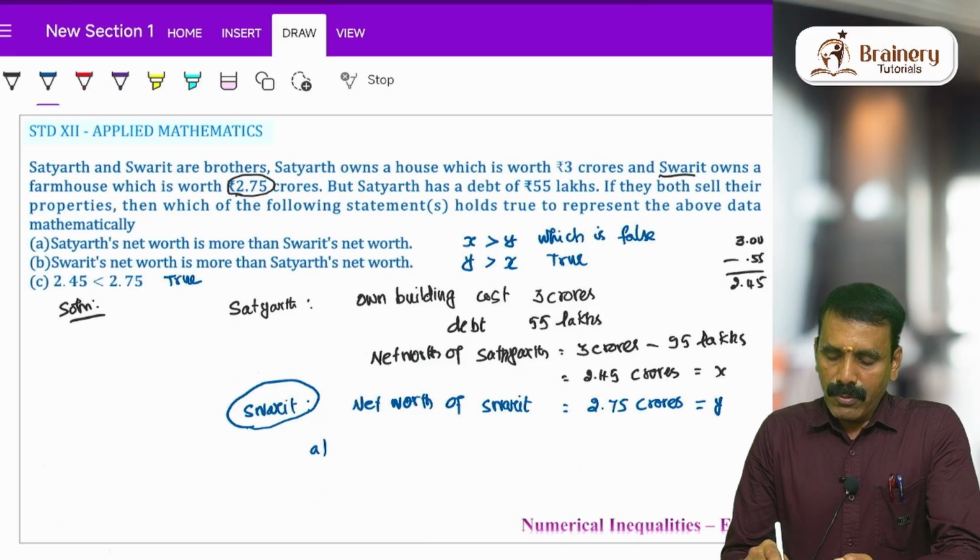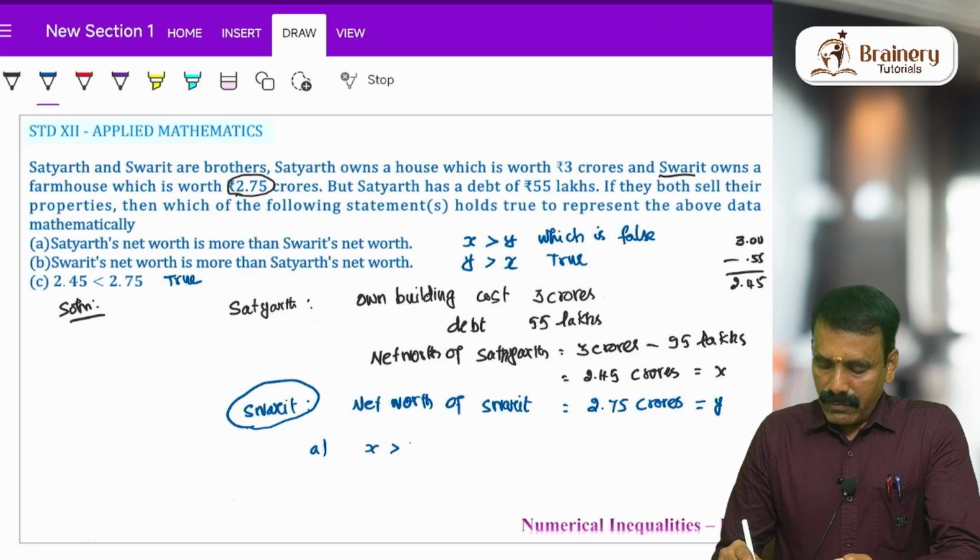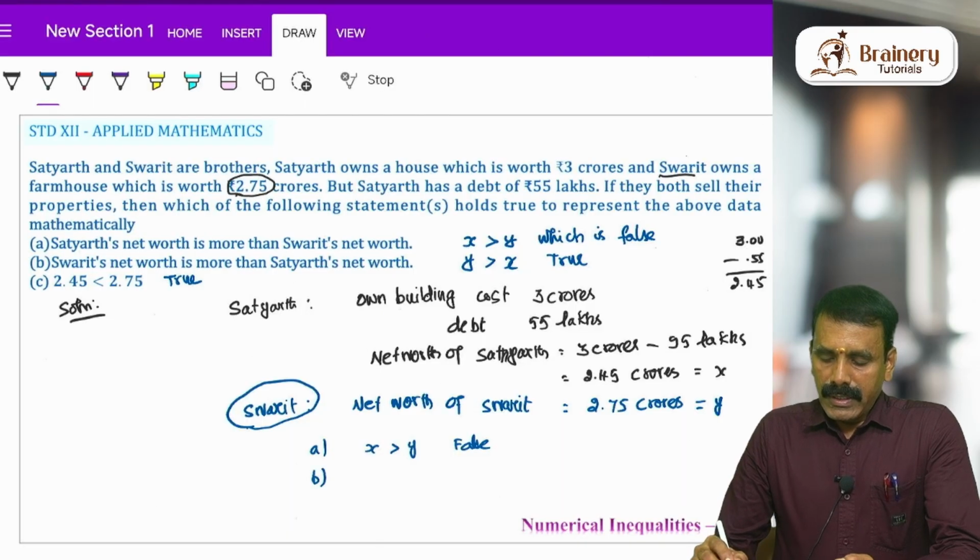Satyarth's net worth is more than Swarit's net worth: X is greater than Y, which is false. B. Swarit's net worth is more than Satyarth's net worth. This is true.